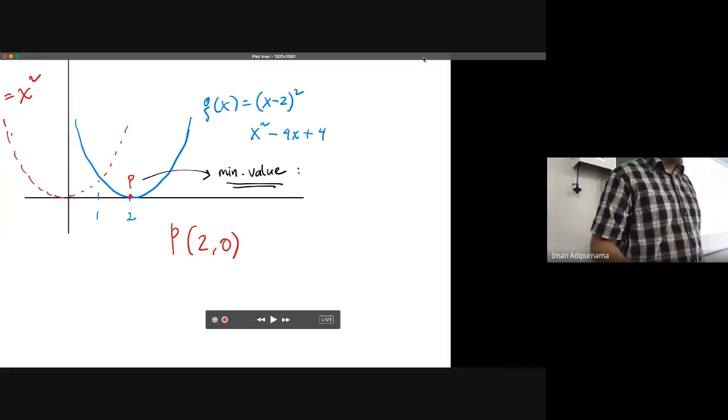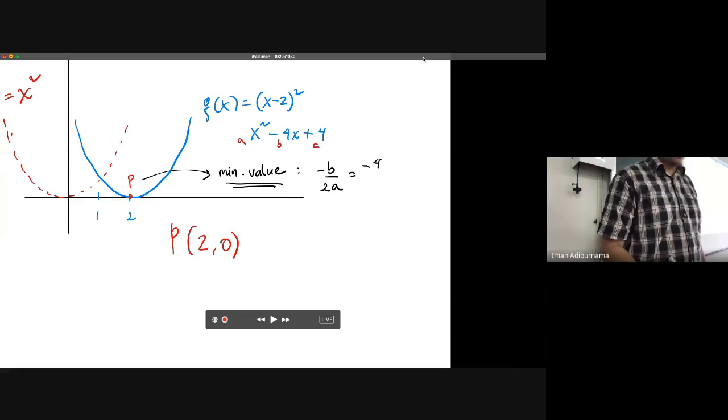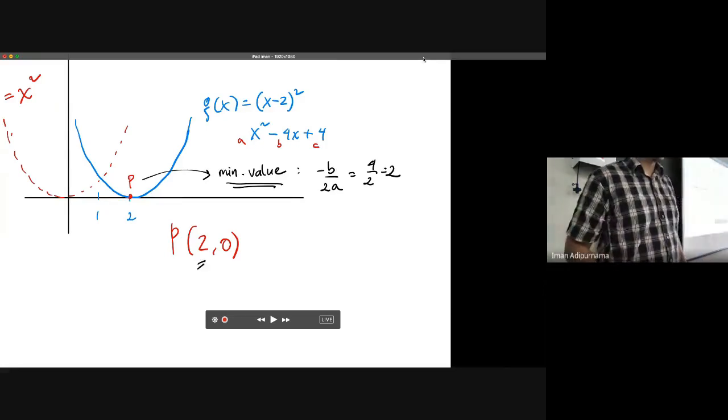Maybe you remember the expression: if this is a, b, c, the minimum value is, because it's minus 4, I will cancel the negative. So 4 over 2 is 2, and this is 2.